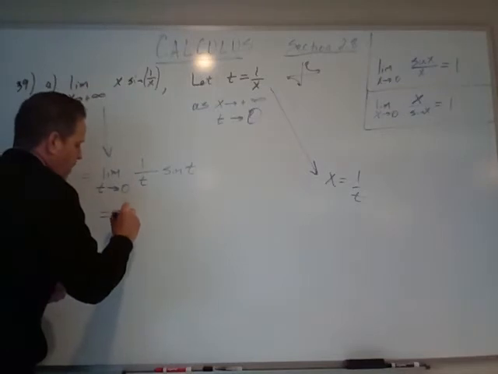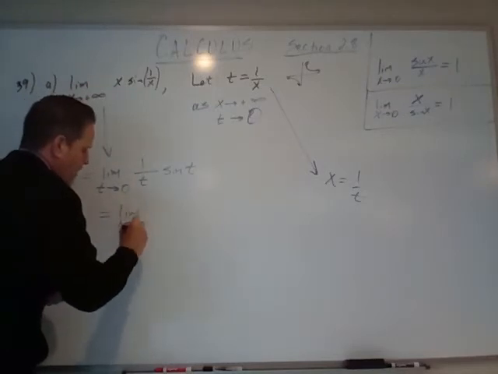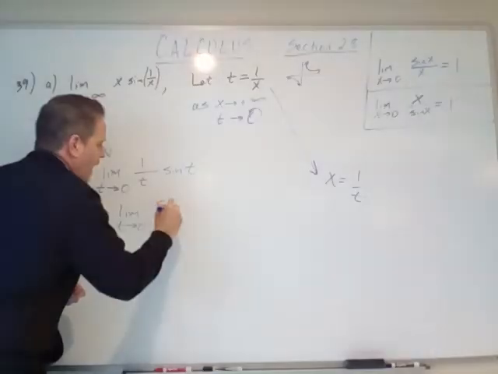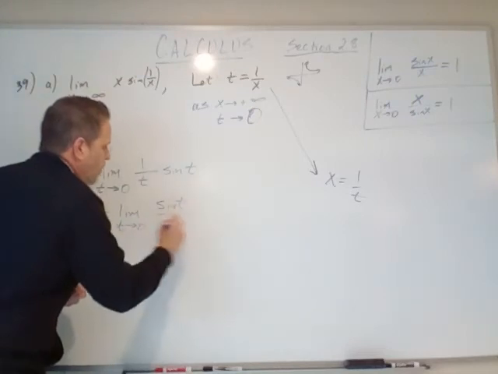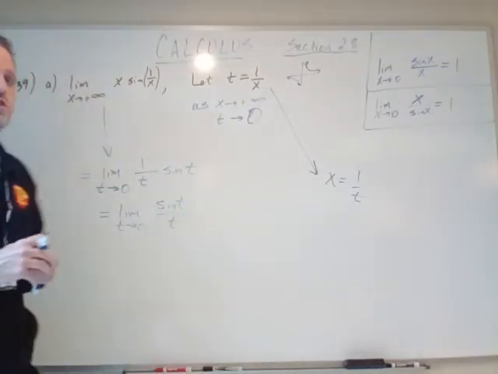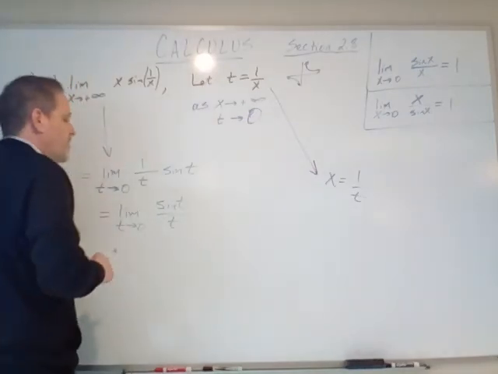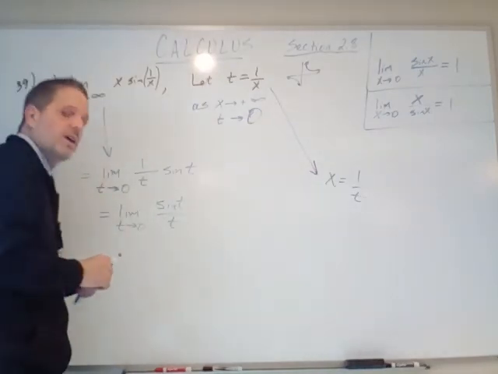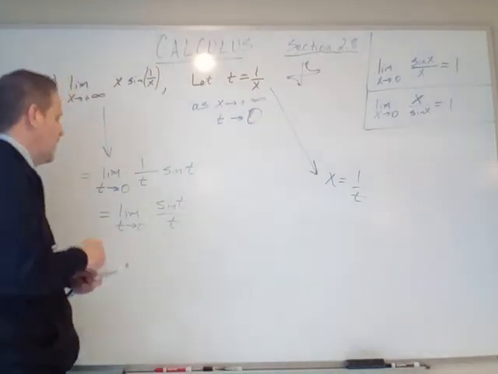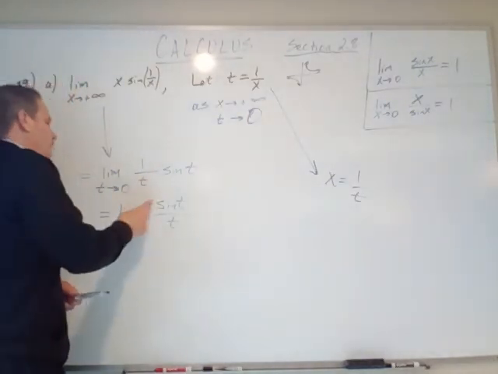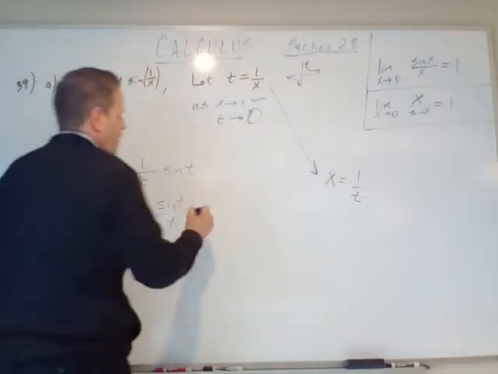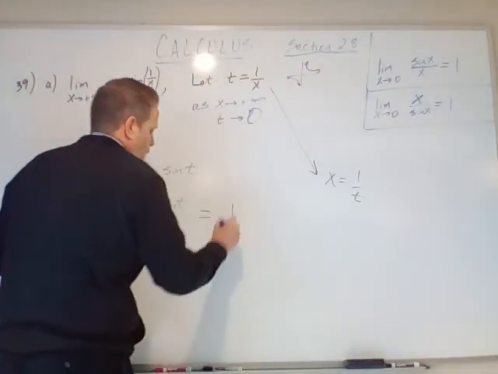In other words, I have the limit as t goes to 0 of the sine of t over t. And that should look familiar. We've got one of the basic theorems for trig functions and limits, which is the limit as t goes to 0 of the sine of t over t, and we know that equals 1.